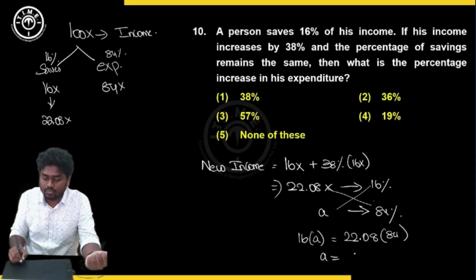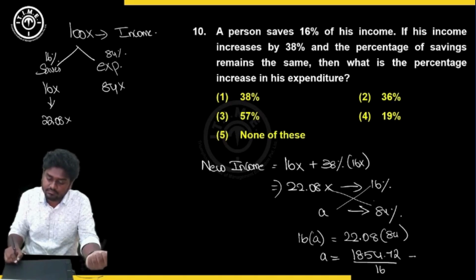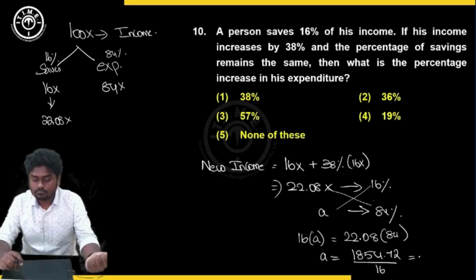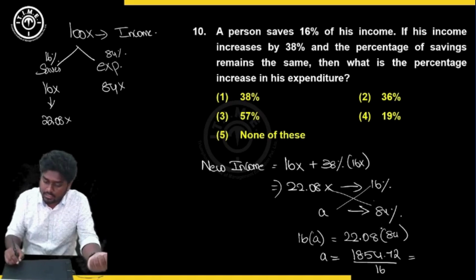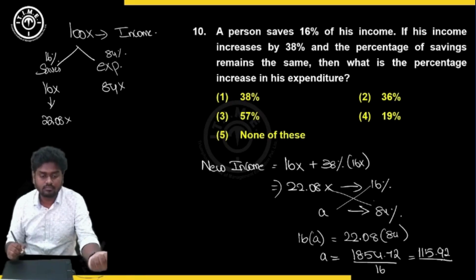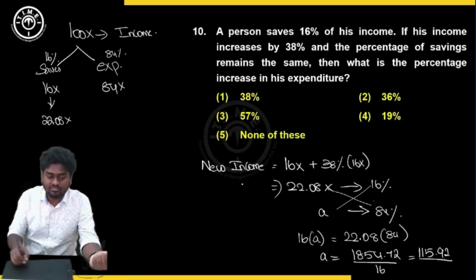The value of a, we get 1854.72 divided by 16. Correct? If we do this we get 115.92. Isn't it? Listen very carefully guys.